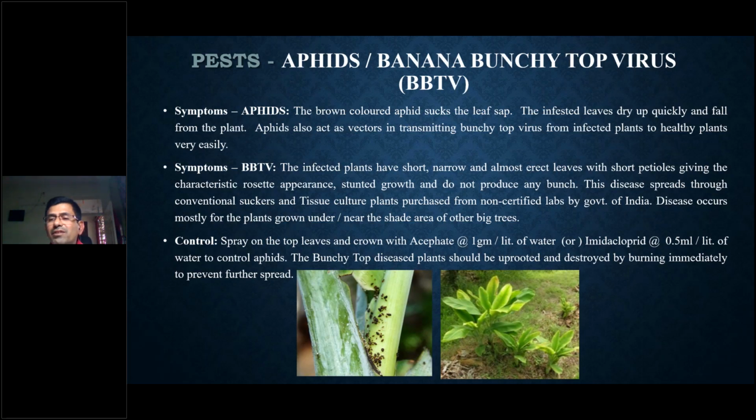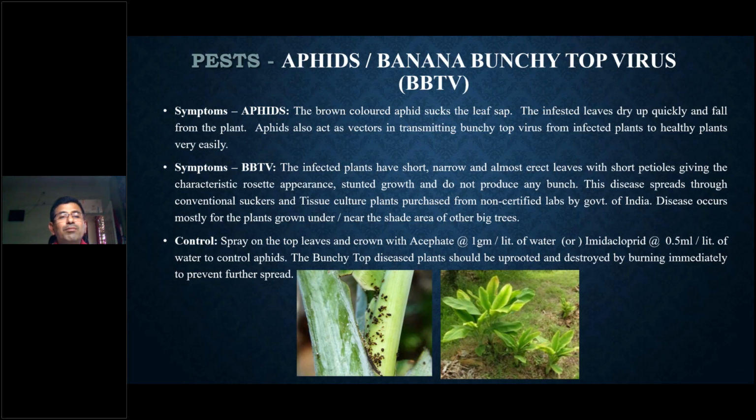Because of that, they buy plants from them, and finally they end up with great loss, because those labs never do the testing for the viruses. The certified labs do virus testing for all the banana viruses, and all the certified plants are supplied to the farmers by the DBT approved labs.